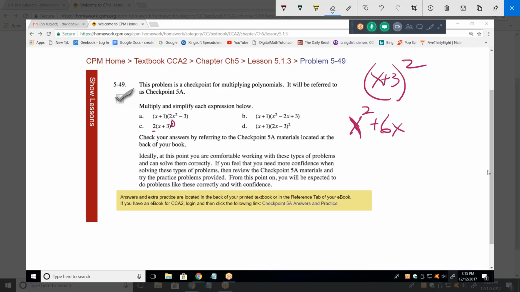Hold on. You just made the most common mistake made in algebra. You came up with x squared plus 6. Well, that's not what you come up with if you FOIL it. What do you come up with? You've got to multiply every term by every term.